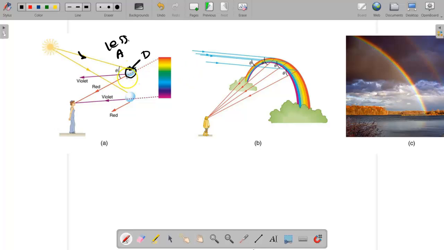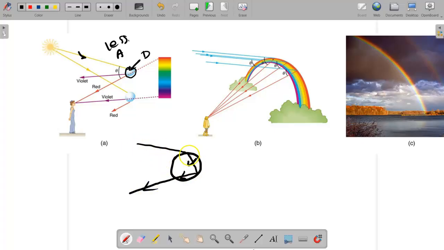As it is refracting, there will be some internal reflection. It refracts like this, and there will be some internal reflection here.